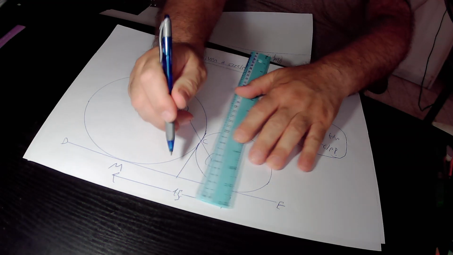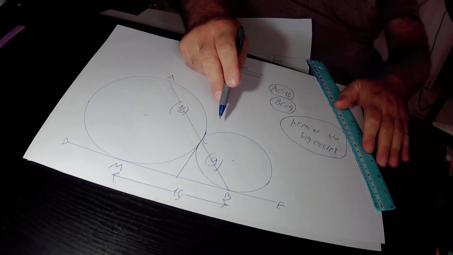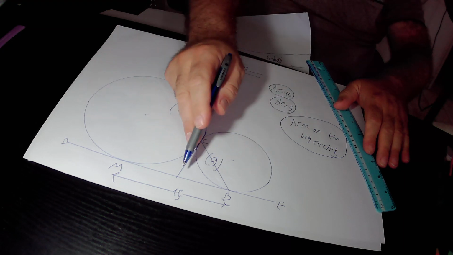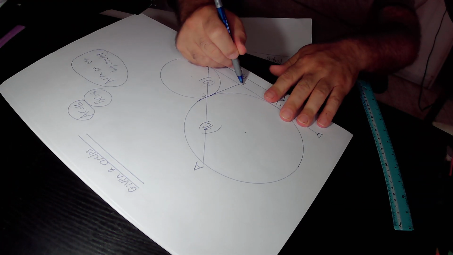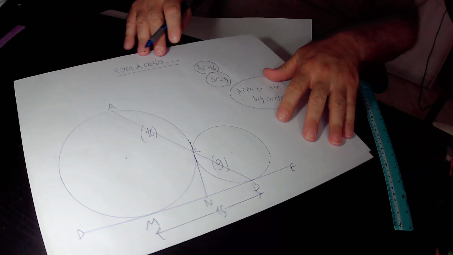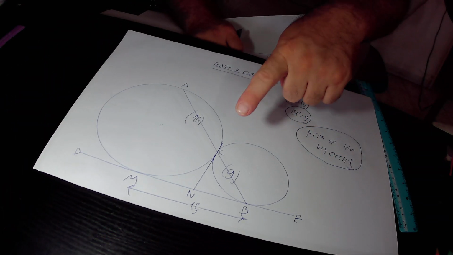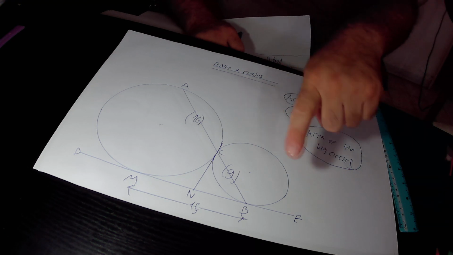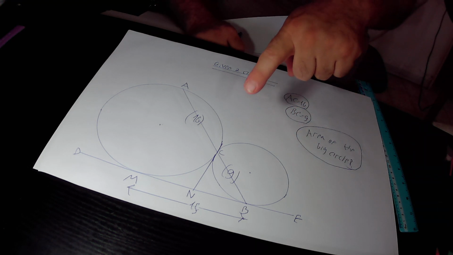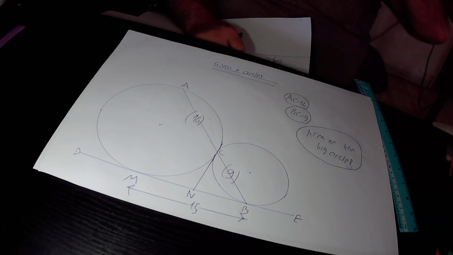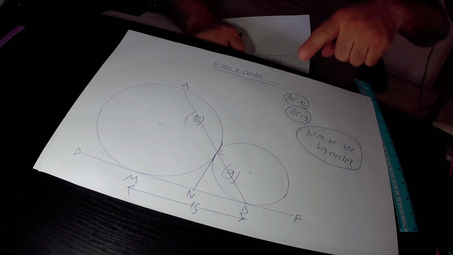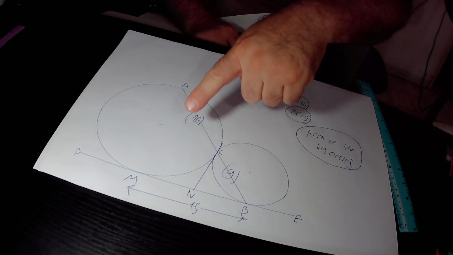And we'll define the touching point of the common tangent with tangent DE. This point is point N. The common tangent CN is tangent to this small circle at point C, and the common tangent CN is also tangent to this big circle at the same point, point C. In the next step, we will join points C and M together by a straight line.